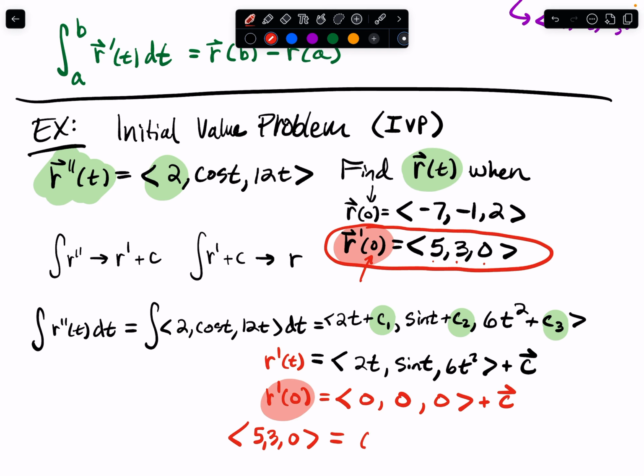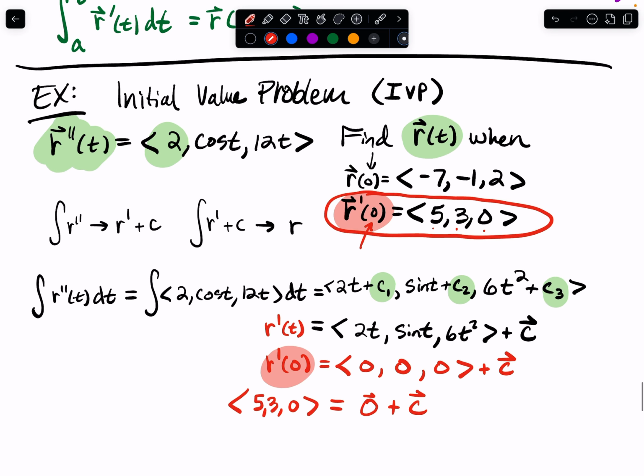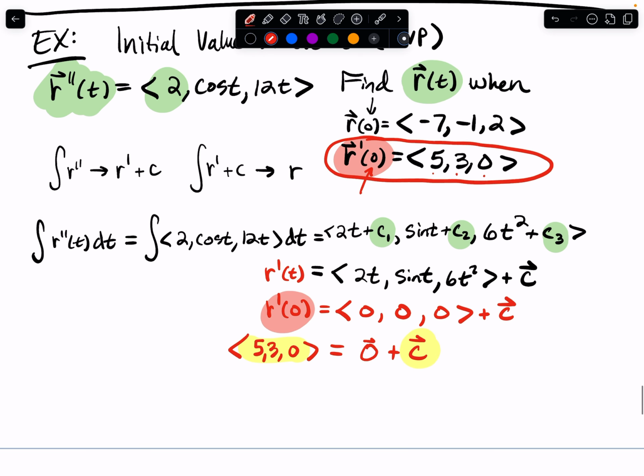So if I have the 0 vector plus c, then that means that c is going to equal this vector right here. That was pretty easy. Okay. So that tells me r prime of t is 2t, comma, sine of t, comma, 6t squared plus 5, 3, 0.